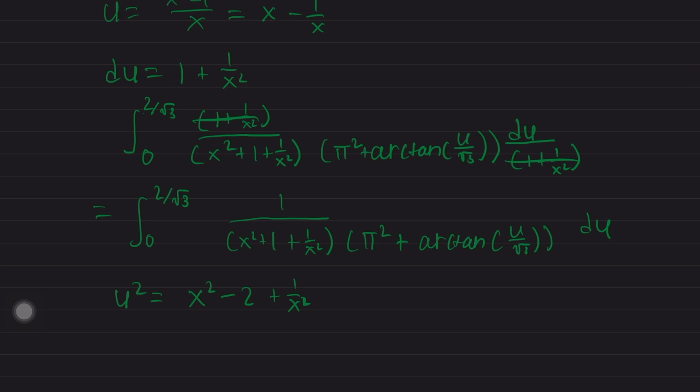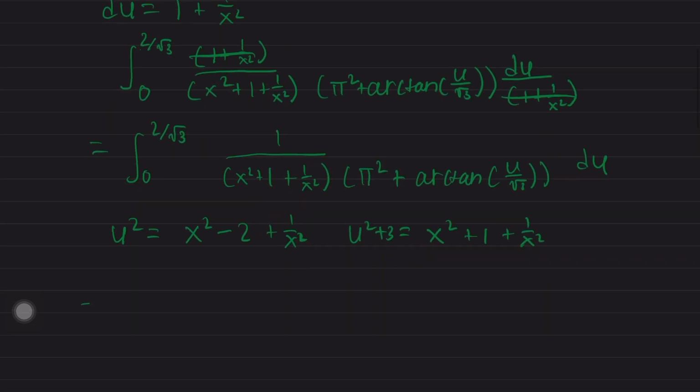We want x squared plus 1 over x squared, so we can just add 2 on both sides, and we have x squared plus 1 over x squared. So now we have the integral from 0 to 2 over square root 3, 1 over u squared plus 3 times pi squared plus arctan of u over square root 3 du.